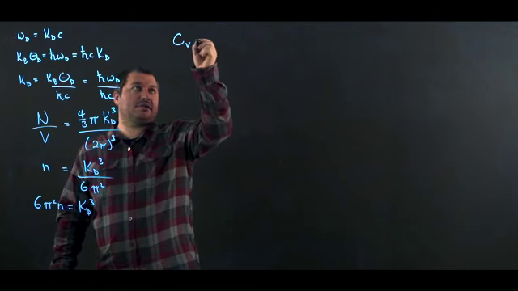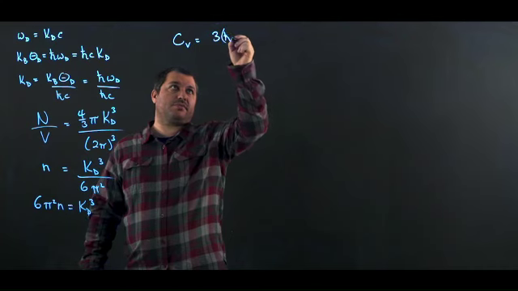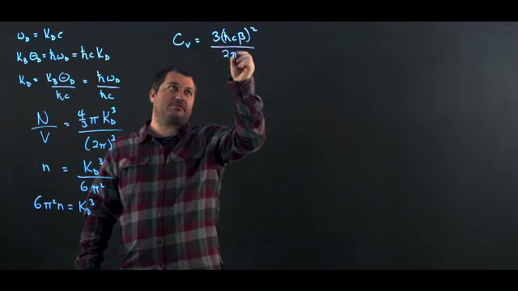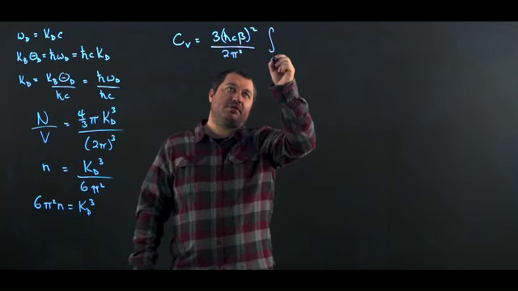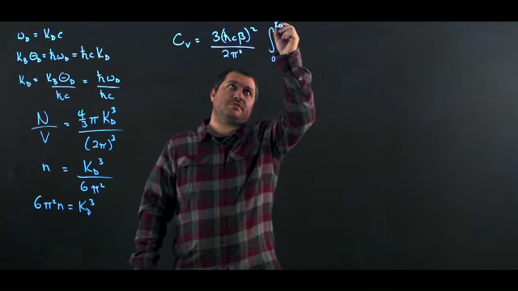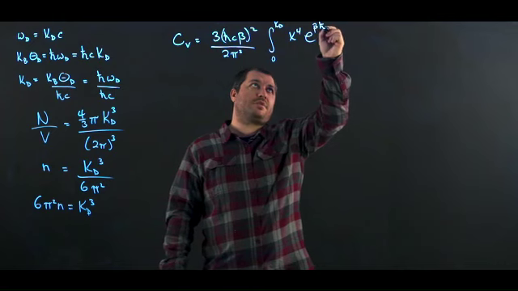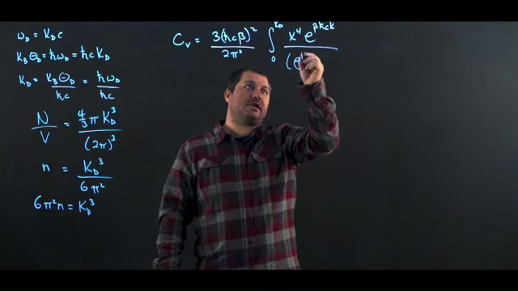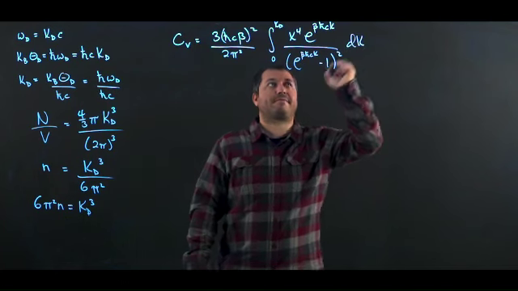Now, if we remember our integral that we were dealing with, we had Cv equal to 3 h bar c beta squared over 2 pi squared times the integral from 0 to kd of k to the 4 e to the beta h bar ck all over e to the beta h bar ck minus 1 all squared dk.